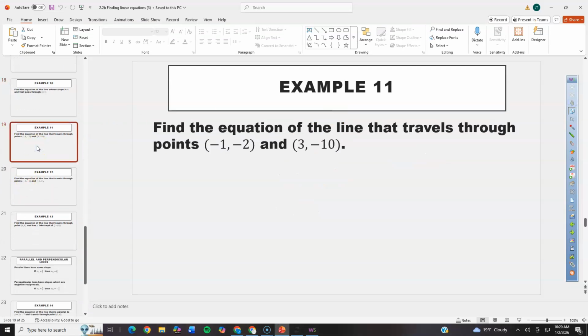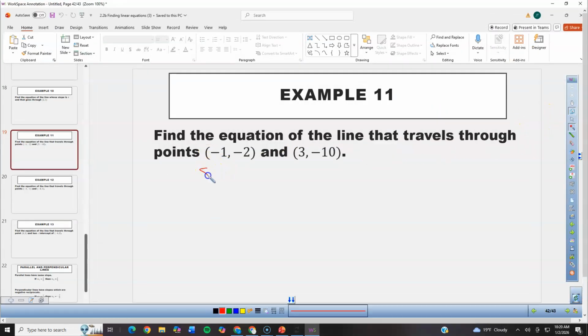All right, this problem's going to be a little bit different. It's going to take a little bit more time, but that's fine. We can do it. Find the equation of the line that travels through these 2 points. So now I don't have a slope or an intercept. I don't have either. So first, let's find our slope. Now to find slope, we're going to do that formula.